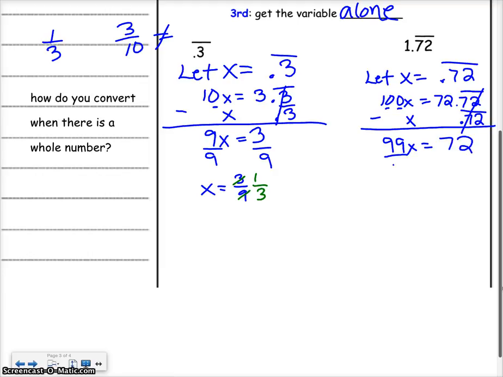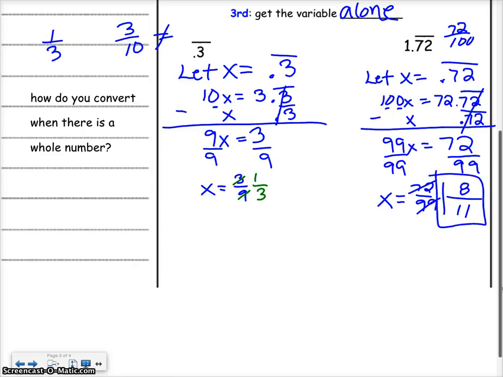Okay, and then I'm going to get rid of my 99 by solving with inverse operations. x equals, now watch, 72 over 99. Now I turned it into a fraction. Because this isn't 72 over 100, right? It's different, isn't it? This isn't 3 over 10, right? It was different. It was 3 over 9. This is 72 over 99. And then I simplify. 9 goes into both of them. 8 over 11. And let's not forget about my whole number, 1 on the outside.